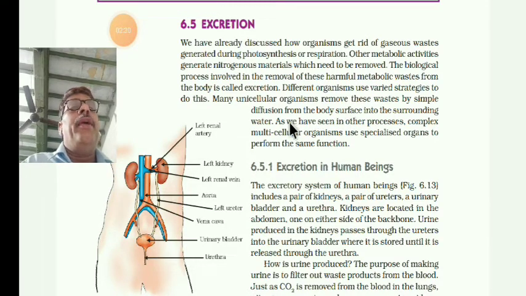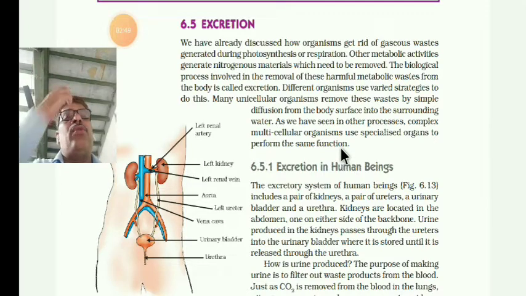As you have seen in other processes, complex multicellular organisms use specialized organs. Special organs will be there for digestion, excretion, and respiration, to remove the waste products.